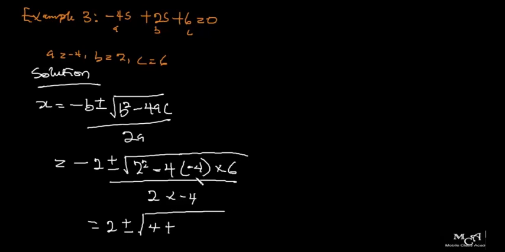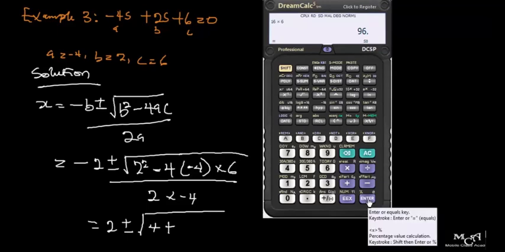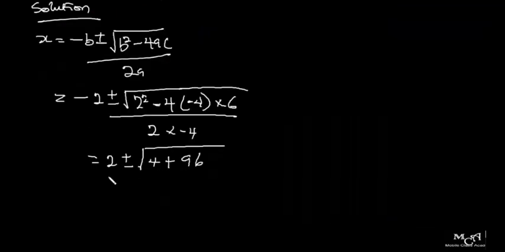Minus 4 times minus 4 is going to give us plus 16 times 6. So 16 times 6 will give us what? Let's use our calculator. We are doing minus 4 times minus 4, which is 16. 16 times 6, that's 96. We have 96 over 2 times minus 4, which will give us minus 8.